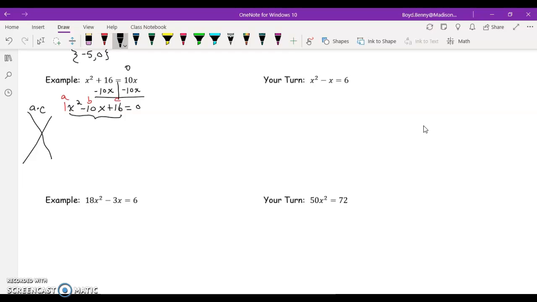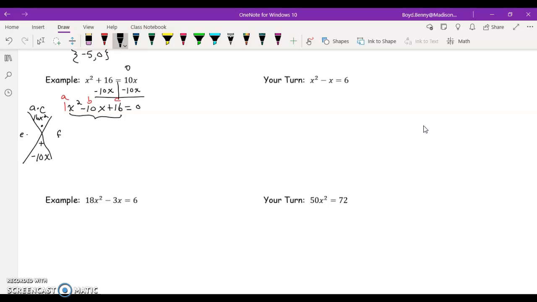So a times c would give us 16x squared. We need two numbers that give us a sum of the middle, which is negative 10x. So now I'm looking for an e and an f, two factors that multiply to give me 16 and add to give me negative 10.